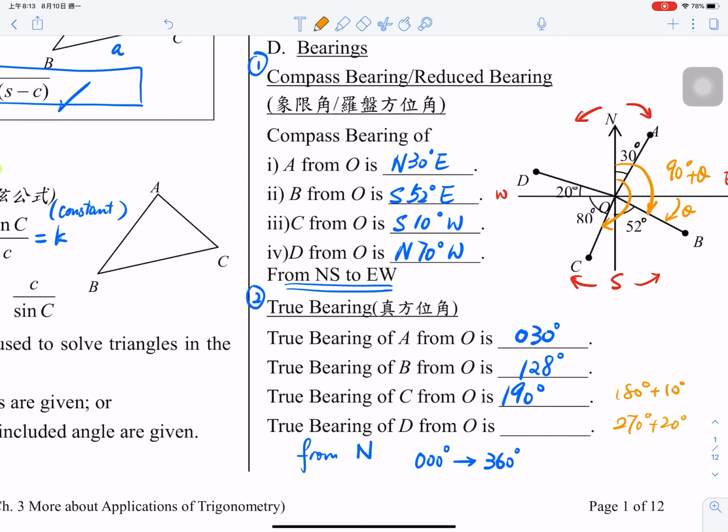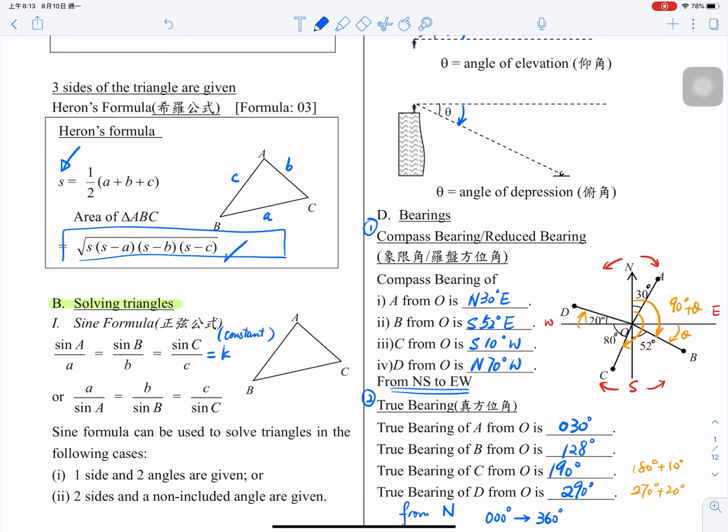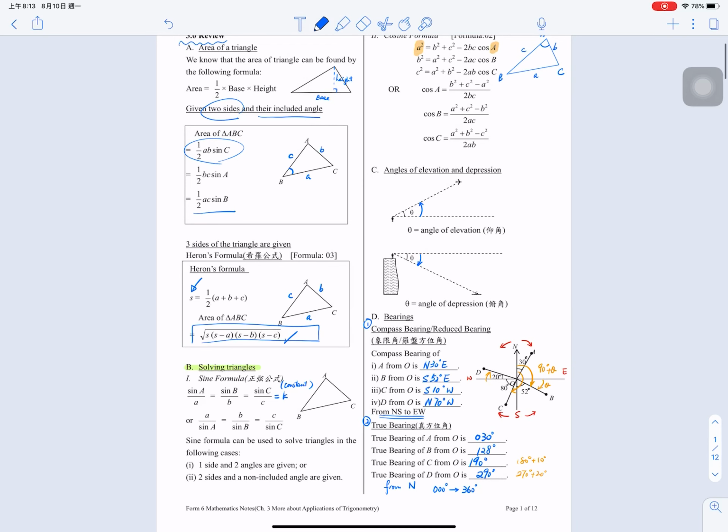Because after this one you add 20 degrees more, so 290 degrees. Okay, so on page 1, you have some review about trigonometry, some about the area, some about solving triangles, and about the angles. Please review from your textbook on page 1 to 4. There are several questions and you can have some revision. Okay?